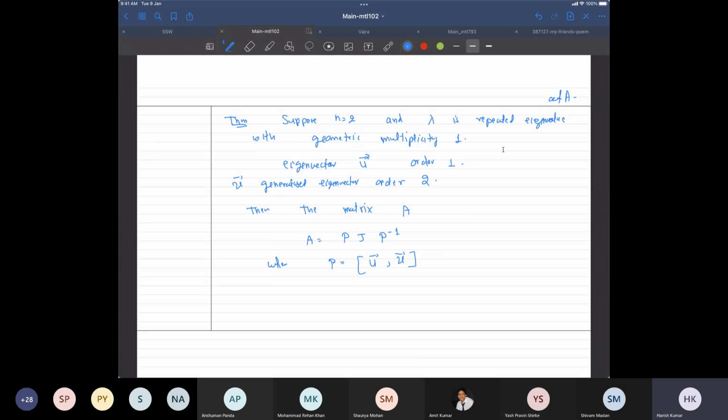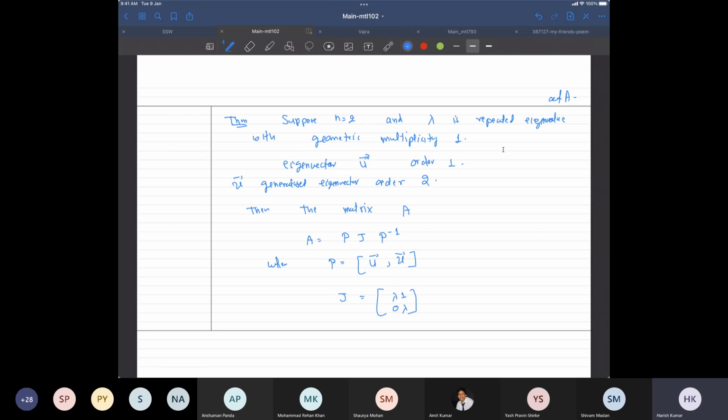The first vector is the eigenvector, the second one is the generalized eigenvector of index 2, and if you have more, then you will have generalized eigenvectors of order 3, 4, 5, and so on and so forth. So you can continue that. And J is a Jordan block of order 2 corresponding to lambda.